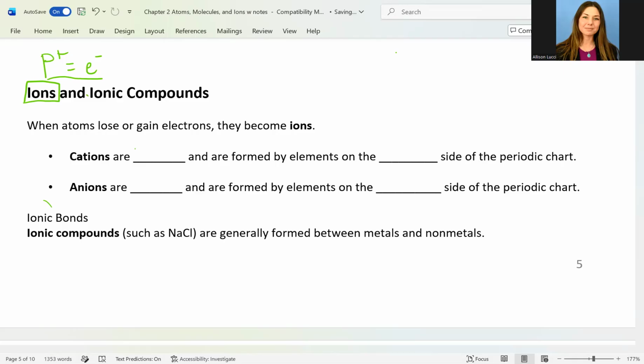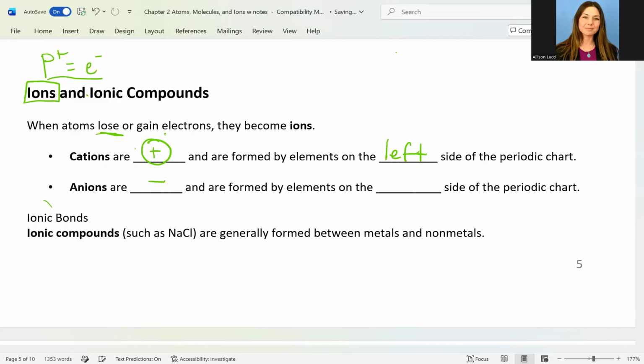So when we define ions, when atoms lose electrons, these are called cations. They are going to be positively charged, and these are formed by elements on the left side of the periodic table, so by metals.